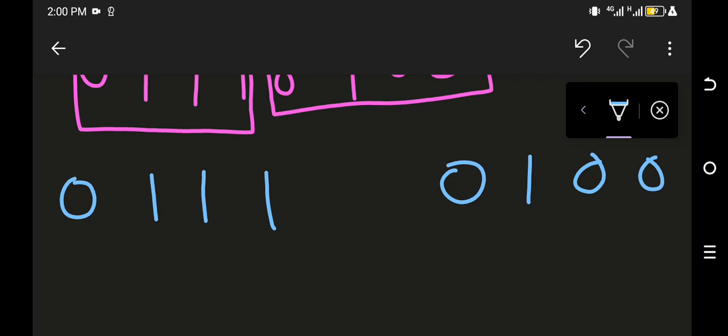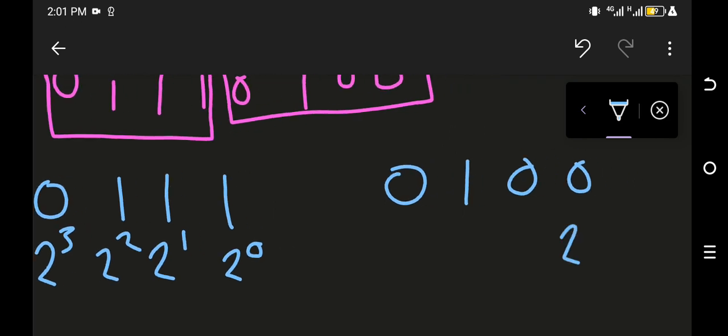We're going to find the place values of each number in these groups of 4. Since we have binary, which is base 2, we use the base with the position as the power. We go from right to left: 2 to the power 0, 2 to the power 1, 2 to the power 2, 2 to the power 3.